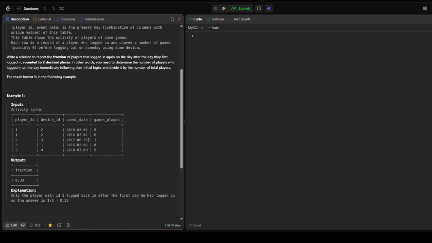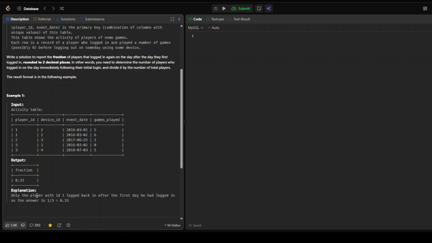Player 2 logged in only one time, so they cannot be counted. And player 3 logged in 2 times, but there was a 2 years and 4 months difference between their two logins. So the numerator has 1 and the denominator has 3. Therefore, the total fraction here will be 0.33.